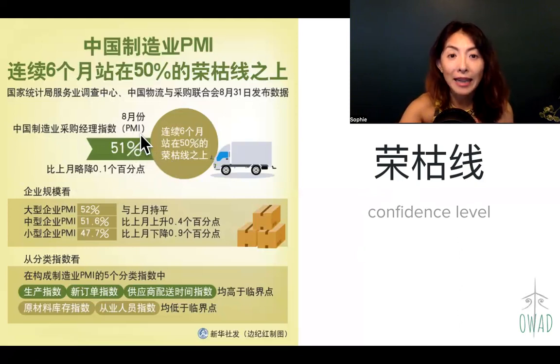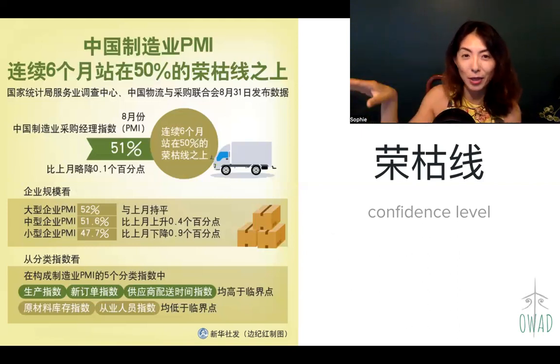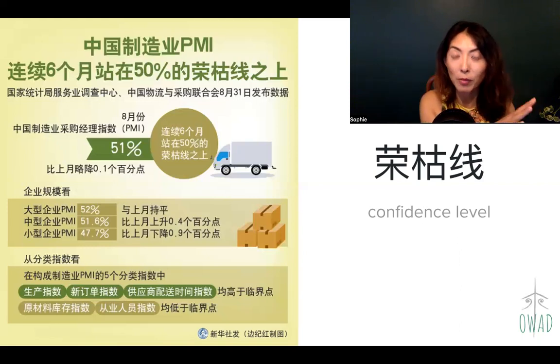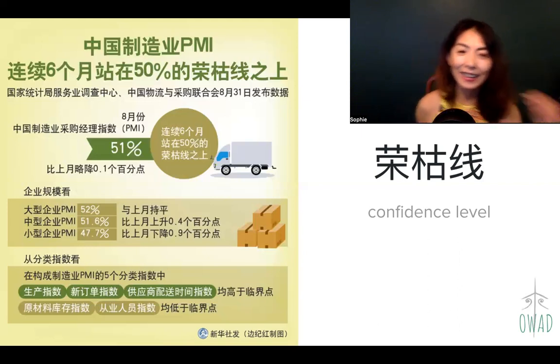This concept is related to this metric: if the purchase managers are confident the economy is going well, they're going to stock up and purchase more, right? Because they are the forerunners of the consumption and production end. So if the purchase managers are buying more, that means their confidence level is high, that the economy is going to grow, and therefore they purchase more. So by surveying them, we can have a sense of the pulse of the economy, like a leading indicator.